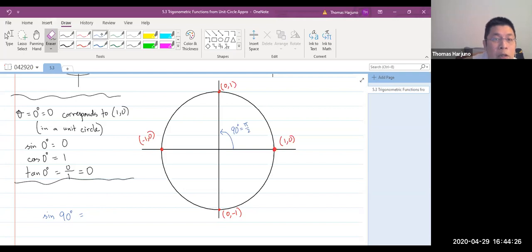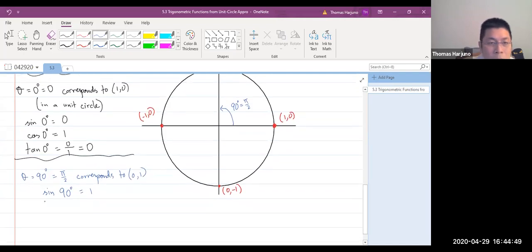The y component is 1, right? Okay, can you do the cosine and tangent? So cosine 90 degrees is the x component, and tangent 90 degrees is y over x, or sine over cosine, that is undefined.